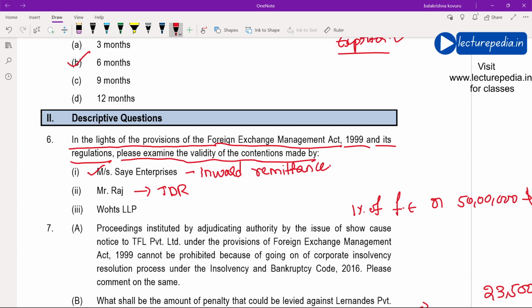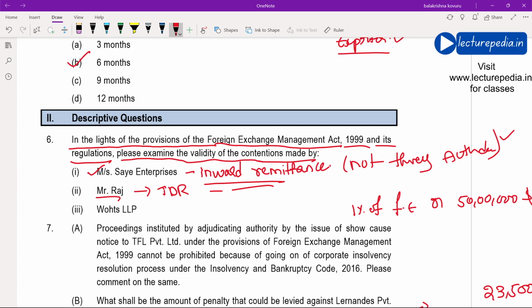Thereby, in this case, since Sai Enterprises received the foreign exchange without corresponding inward remittance, it will be deemed that Sai Enterprises has received the foreign exchange not through an authorized dealer. Hope that is clear.